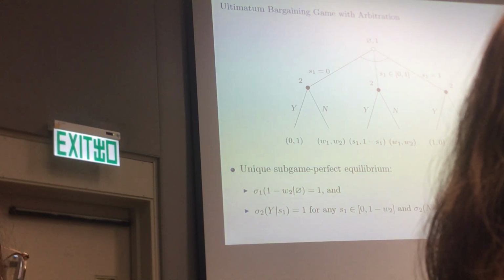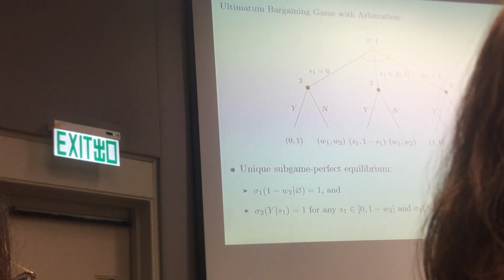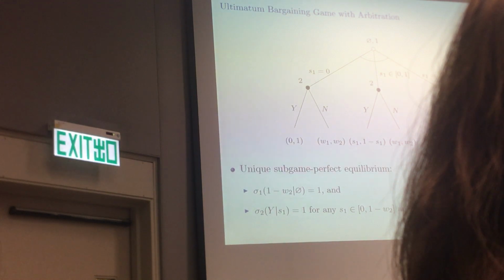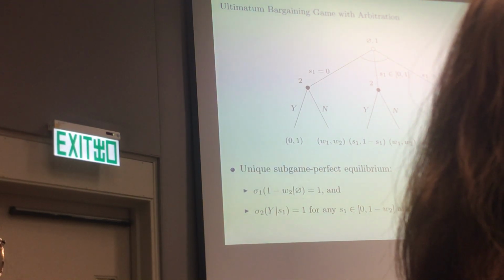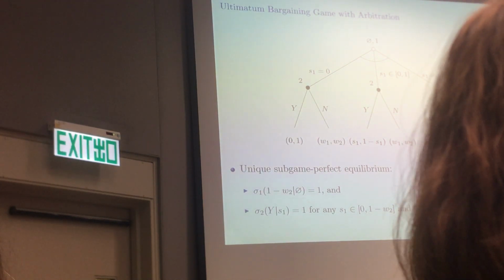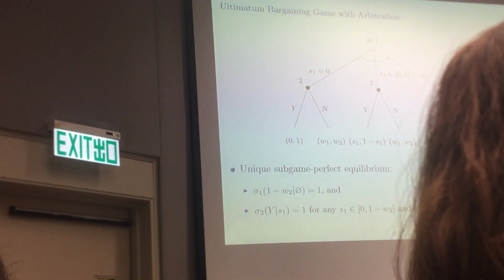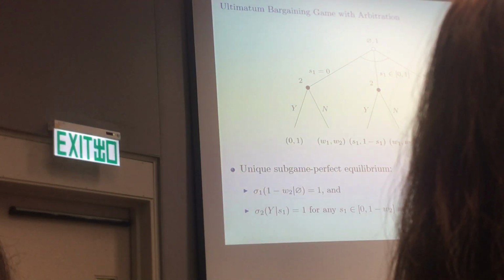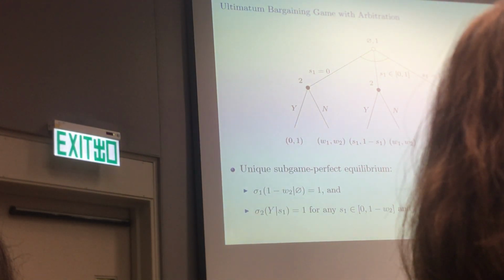And what about the case where S1 is exactly equal to 1 minus W2? If player 2 chooses no for sure, then the payoff for player 1 will be equal to W1. If player 2 says yes for sure, the payoff will be equal to 1 minus W2.